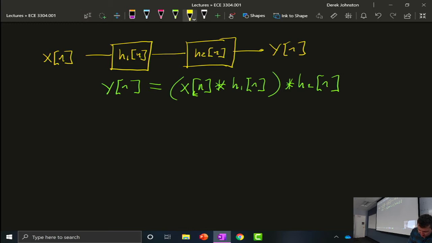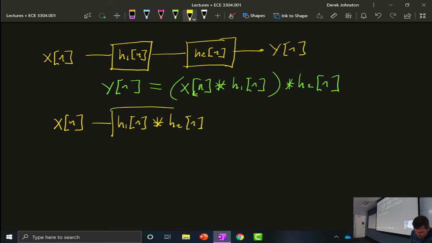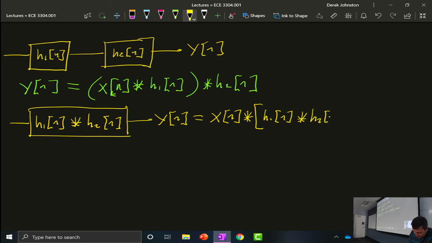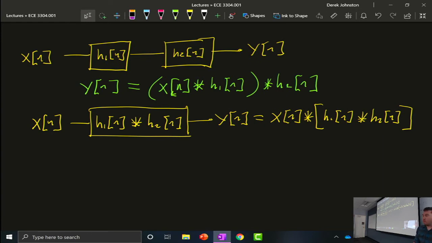So what I was looking for is this: x of n, one block that's h1 of n convolved with h2 of n, and that gets us y of n, which is equal to x of n convolved with h1 of n convolved with h2 of n. And there are all kinds of reasons why we would want to simplify that stuff.